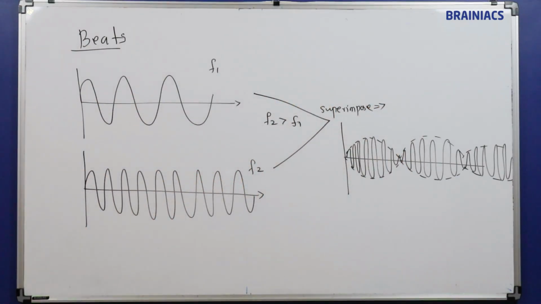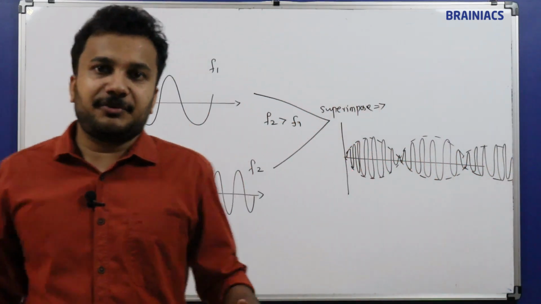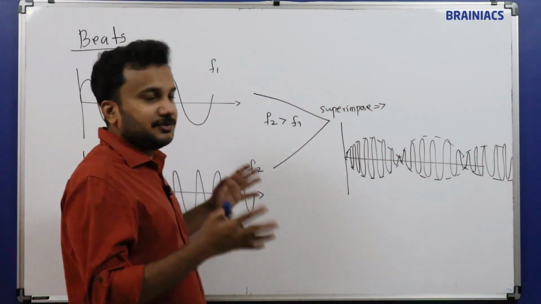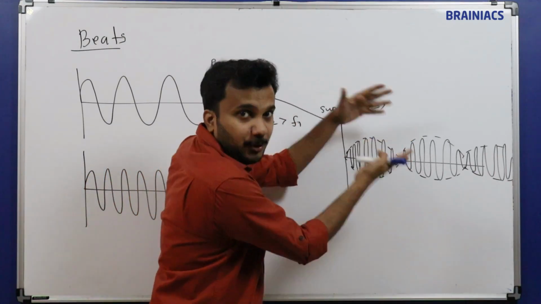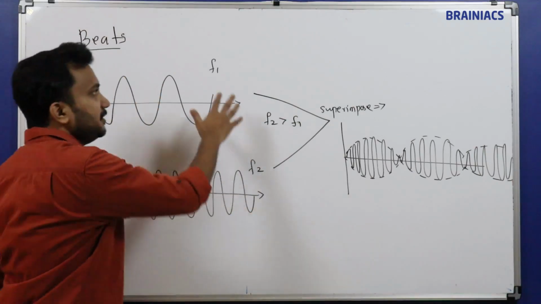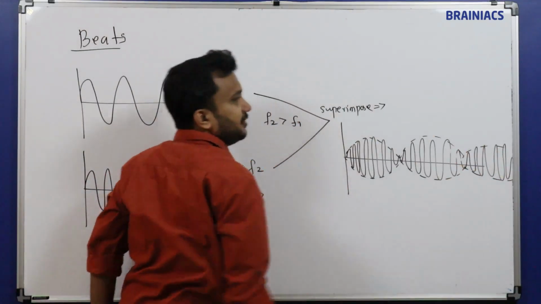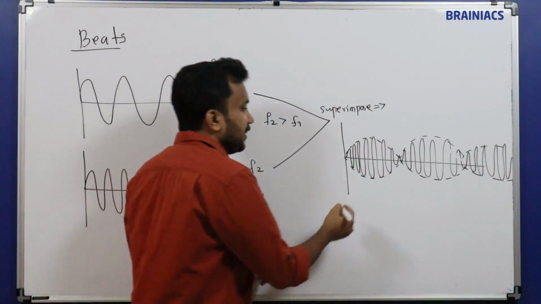So when two waves having different frequencies are superimposed and interfere, the product produced is called beats. If I ask you where the beat is, this single portion is not a beat; these combined form a beat. What is the speciality of these beats?